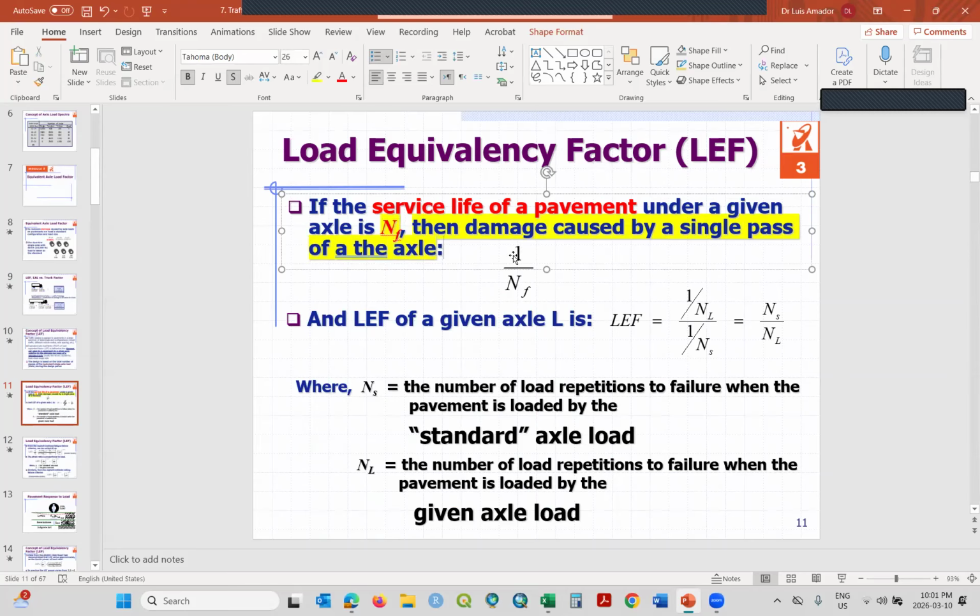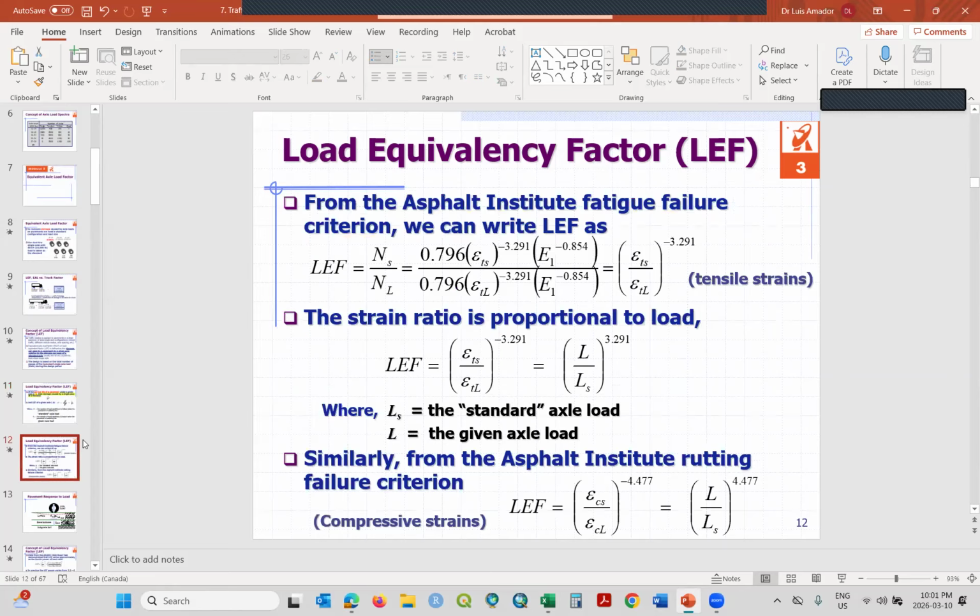At the end, when you have the total NF, then you reach 100% damage. So the load equivalency is being expressed as the number of load repetitions that the pavement requires as compared to the standard.